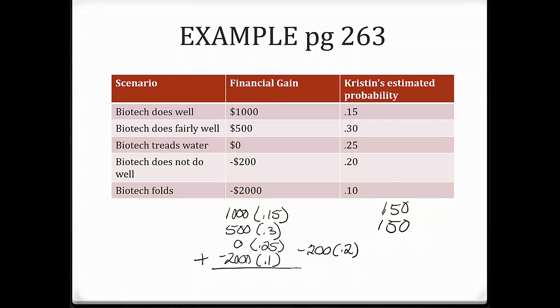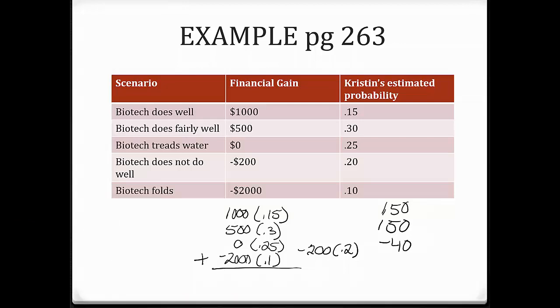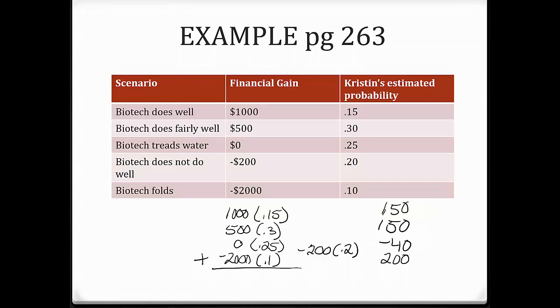Zero times 0.25 is 0. 200 times 0.2, that's negative 40. And then 2,000 times 0.1, that's negative $200. So 300 minus 240 is $60 total. That is your expected value for this problem. So that's what expected value means there.